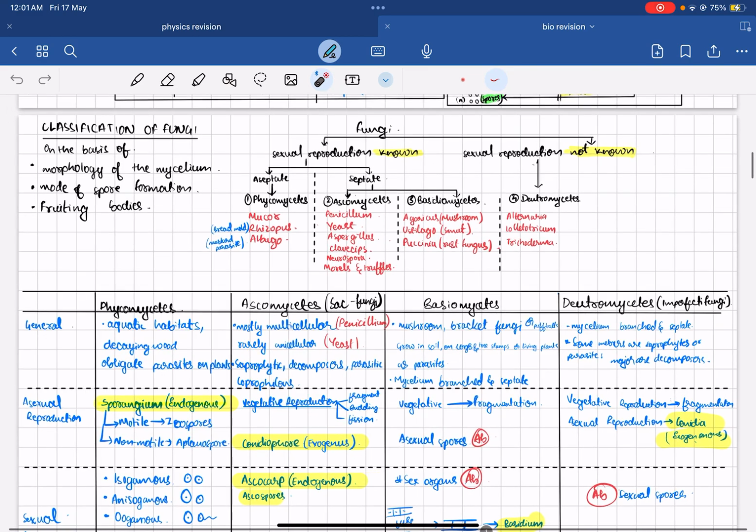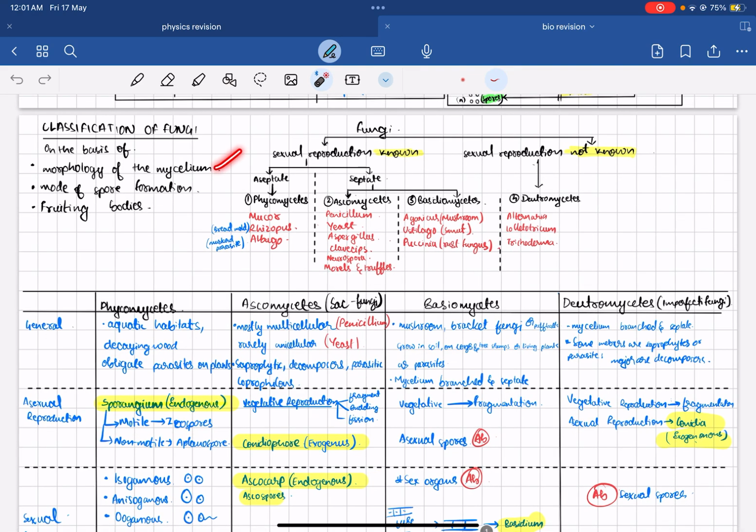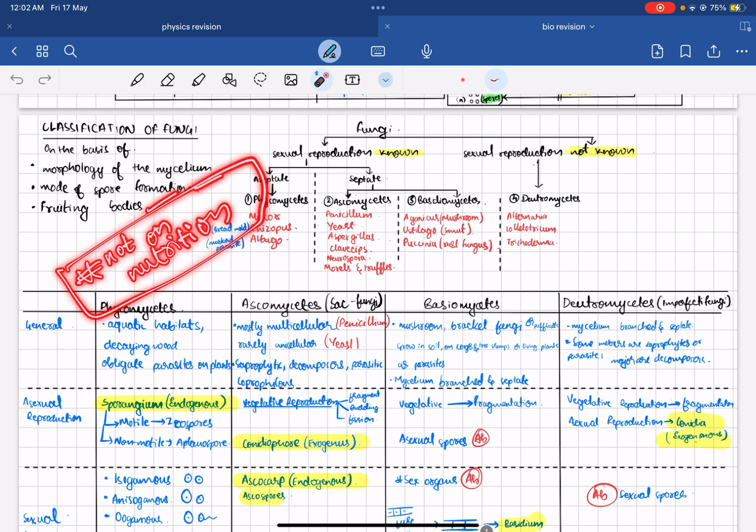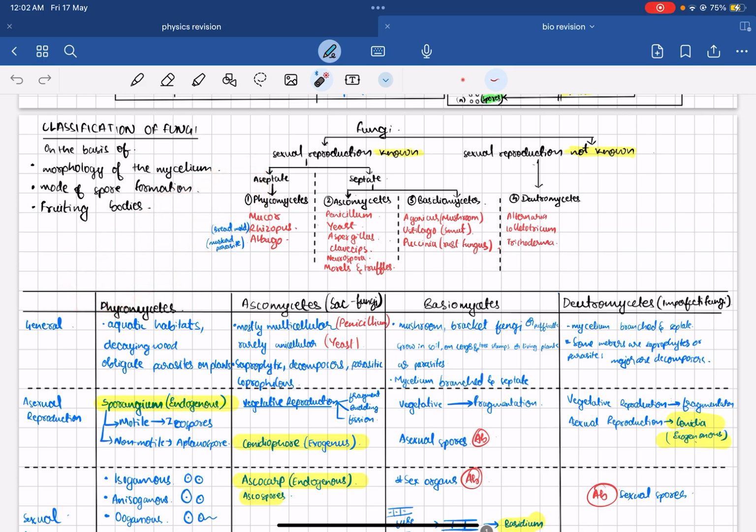Next, classification is based on morphology, spore formation, and fruiting bodies, not on nutrition. Next, the fungi in which sexual reproduction is known and not known. When not known, it is Deuteromycetes. When it is known, it can be categorized into two: aseptate and septate.